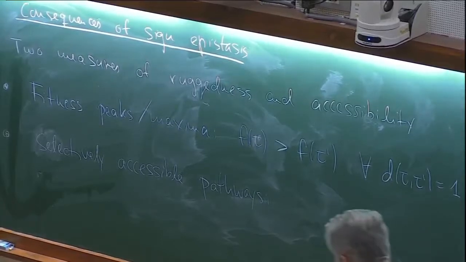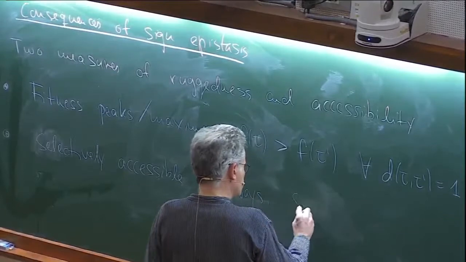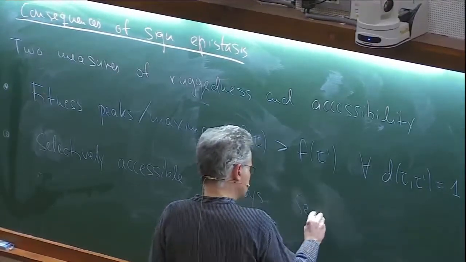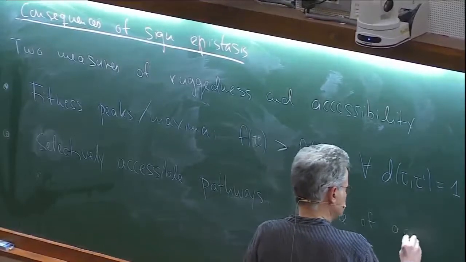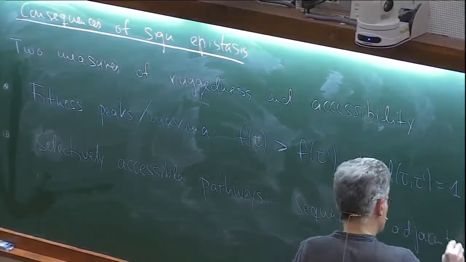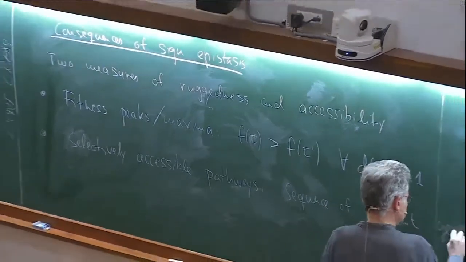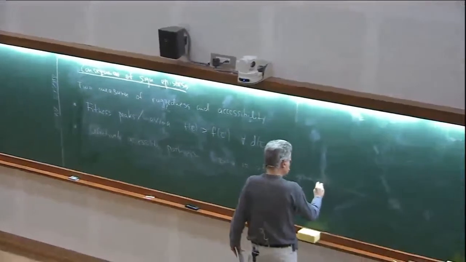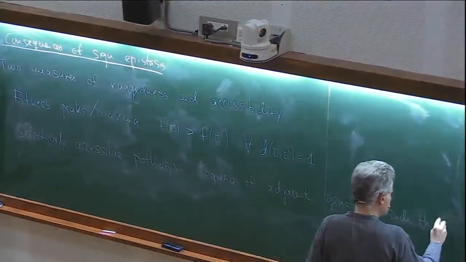So a selectively accessible pathway is a sequence of adjacent genotypes, so you go one step at a time, such that fitness increases in each step.